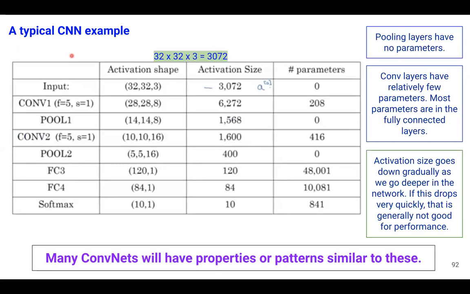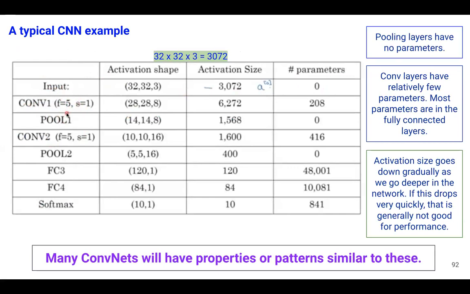Yes. So the parameters are basically the learnable parameters and not the hyperparameters. The first row is simple, just the input, so no parameters. The second one is the convolution layer. In a convolution layer, you have a filter, and in this case, they have a 5x5 filter.